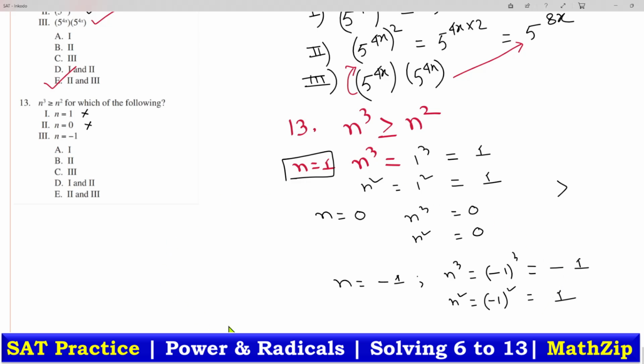So what do you think? Here this one also equal, but as the condition here is less or equal sign, this is equal sign, so as condition we can say number 1 and 2 right. So which one is 1 and 2? Number D.